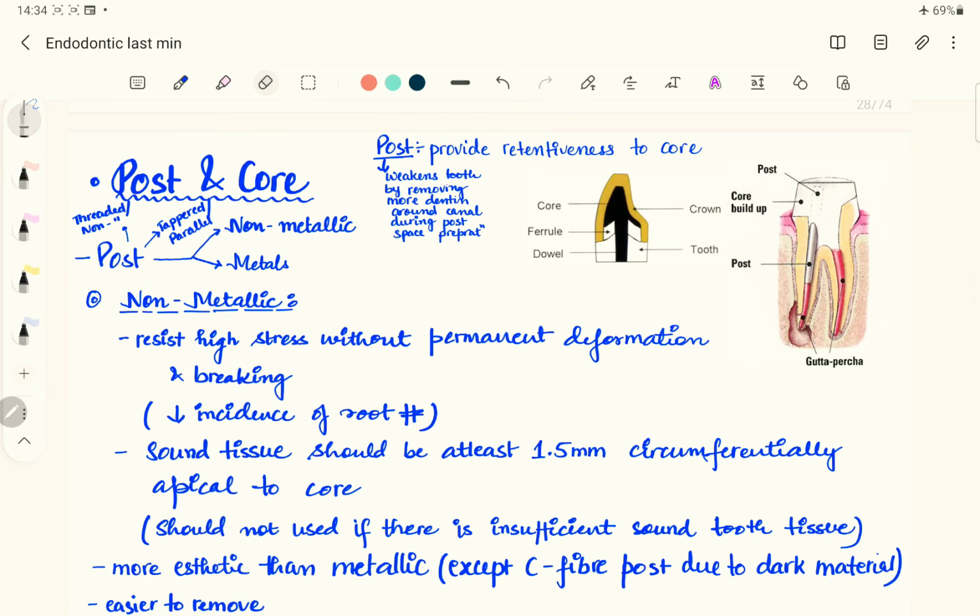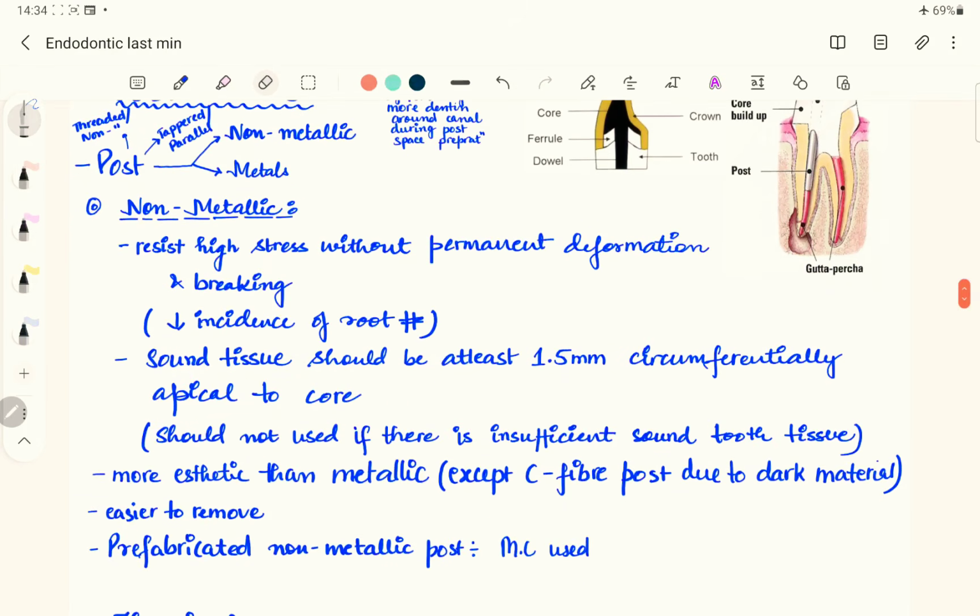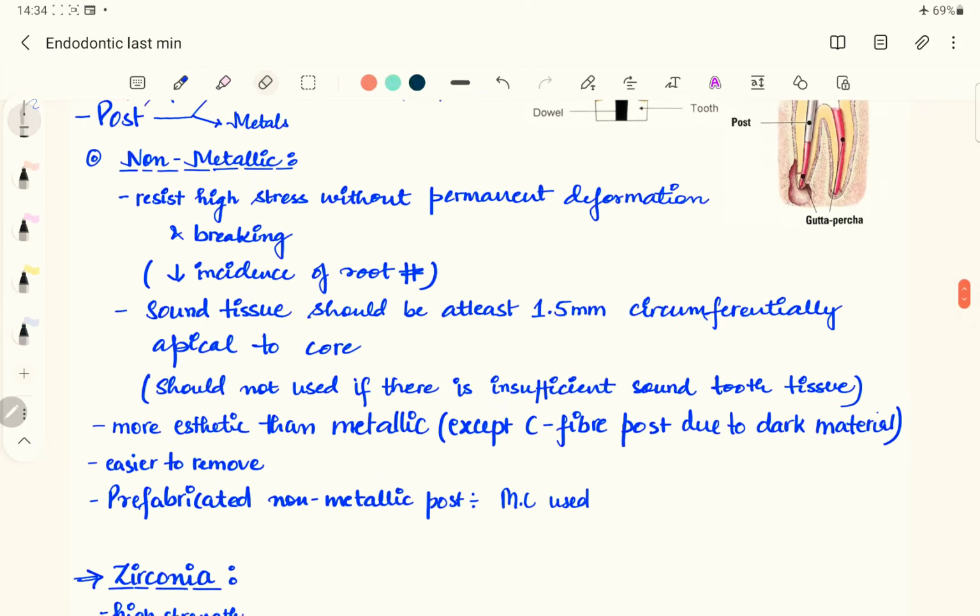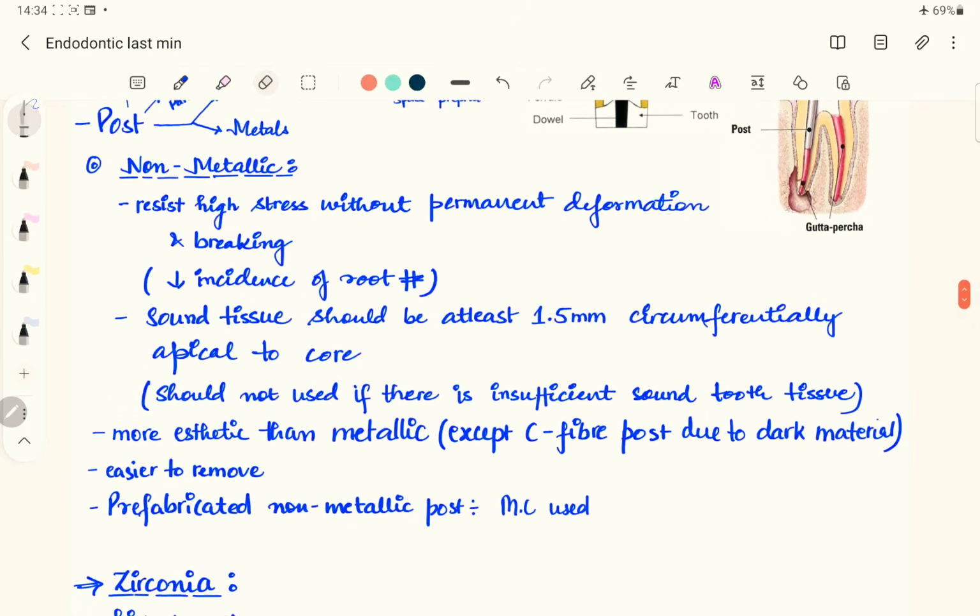The sound tooth structure should be at least 1.5 millimeter all around the tooth, apical to the core, if we are using a non-metallic post. It should not be used if the tooth structure isn't enough. Then we have to use a metal post instead of a non-metallic post.